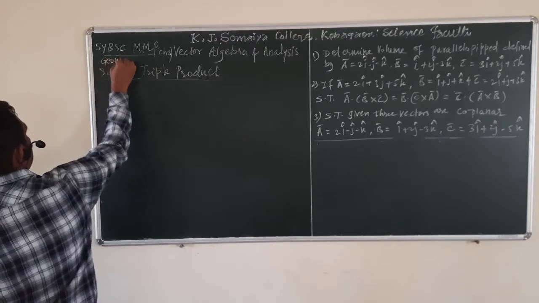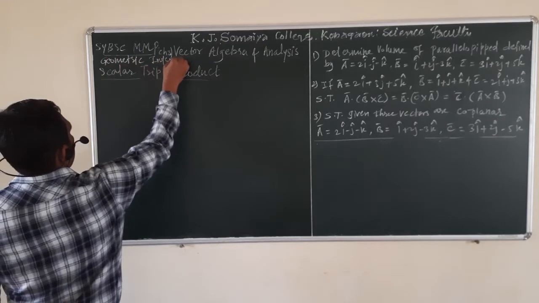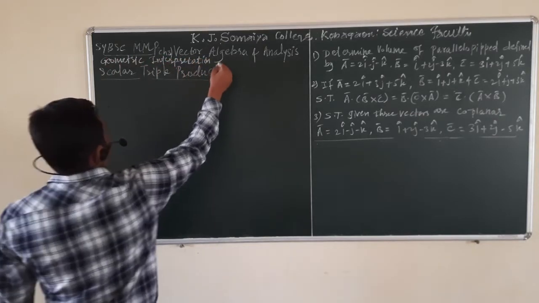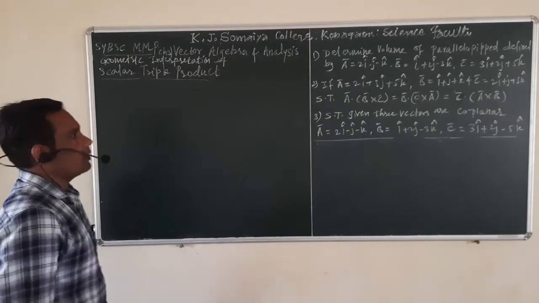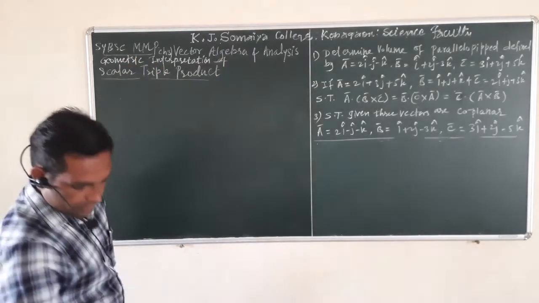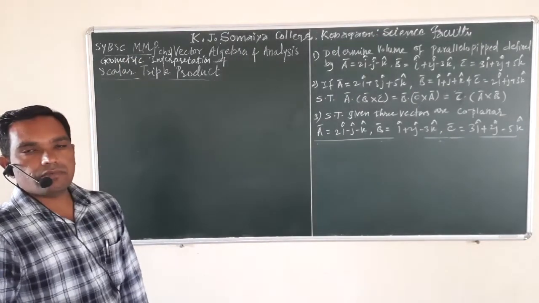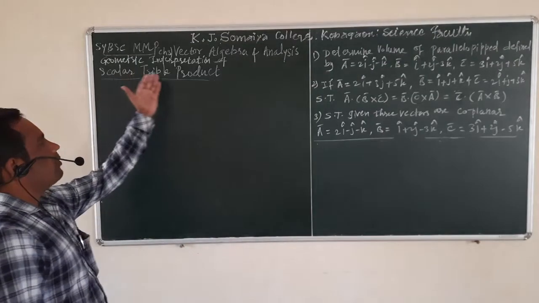So if we take the scalar triple product of any three vectors, vector A, vector B and vector C, what is their geometric interpretation?